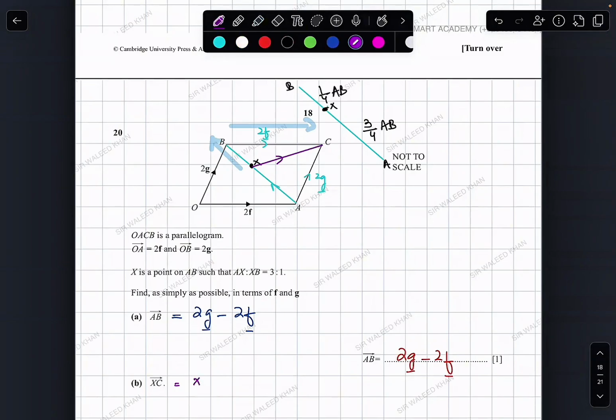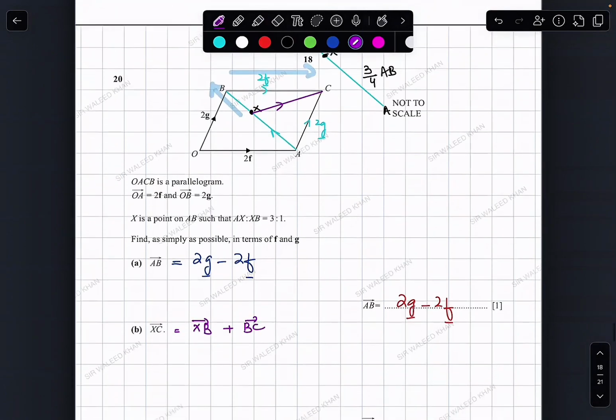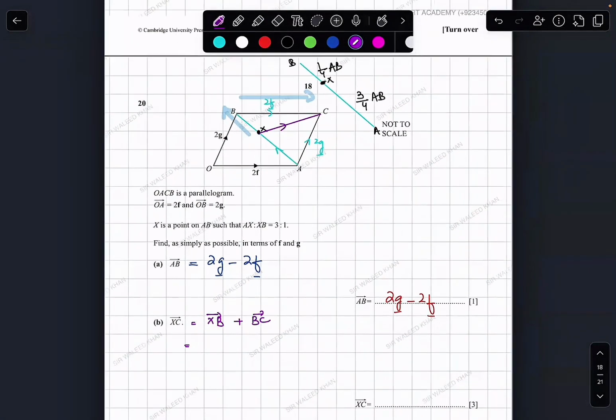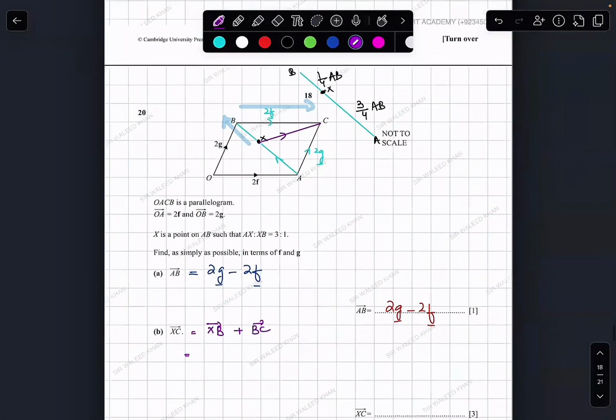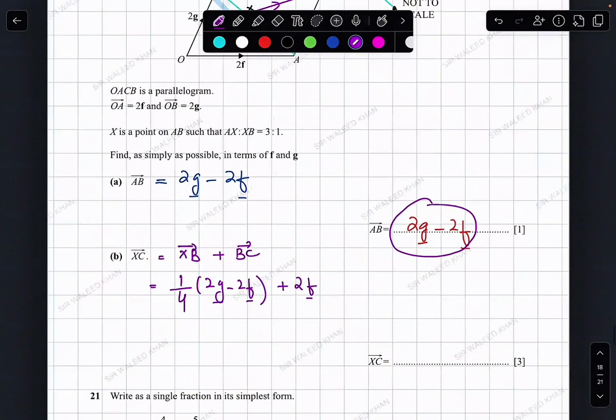It will be XB plus BC. So XB is 1 by 4 of AB. XB is 1 by 4 of this value, 1 by 4 of 2G minus 2F, plus BC is 2F. Simplify as much as you can.